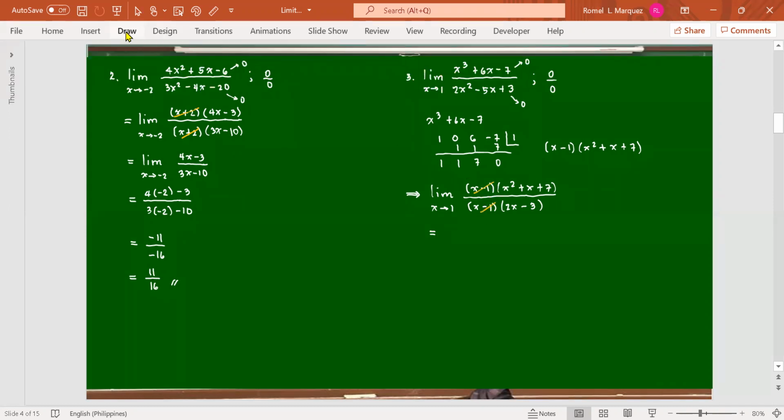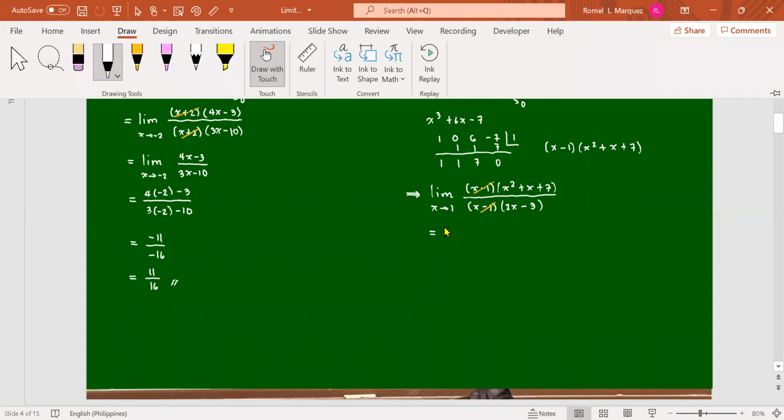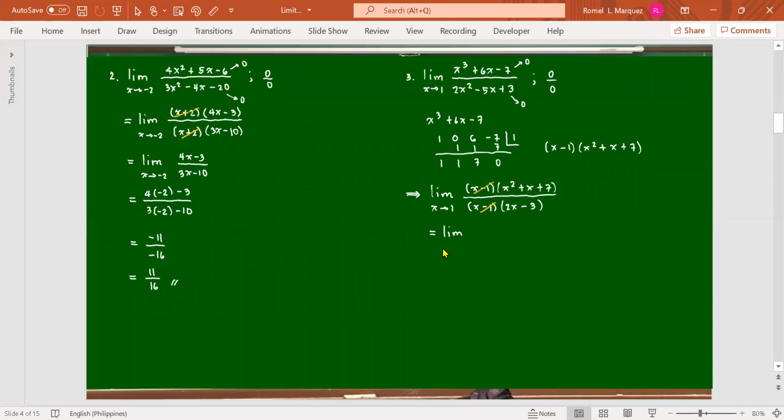Okay, children? So this is equal to the limit as x approaches 1 of x squared plus x plus 7 over 2x minus 3. So this new function has an obvious limit when x approaches 1, no? Compared with the original one.